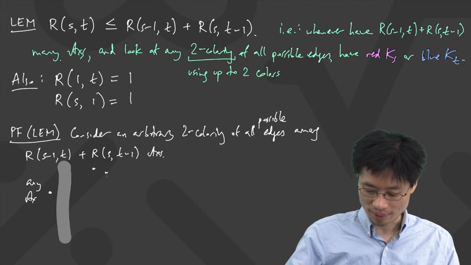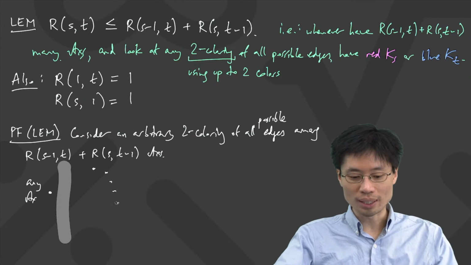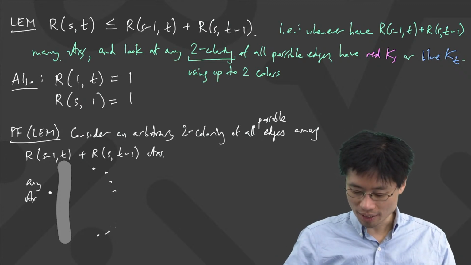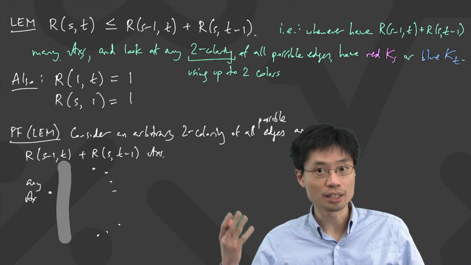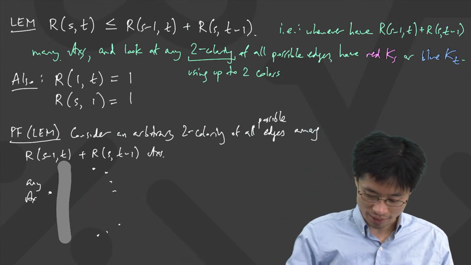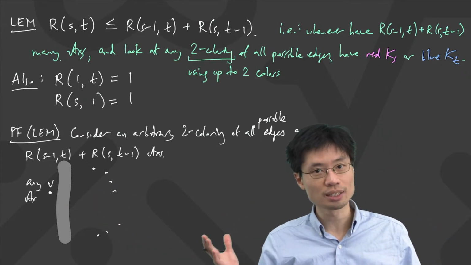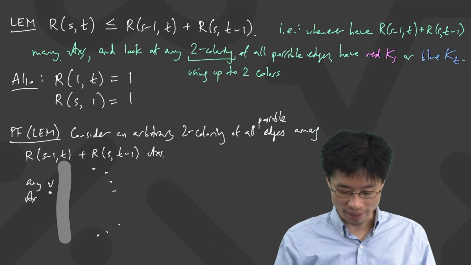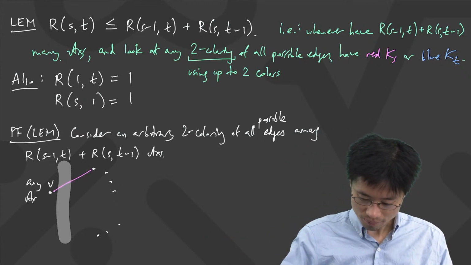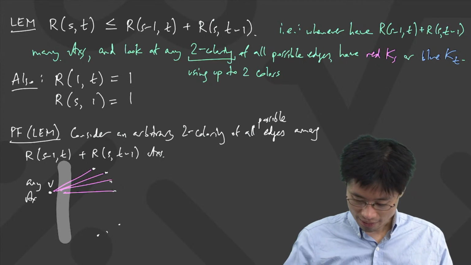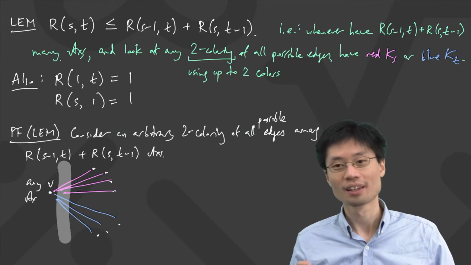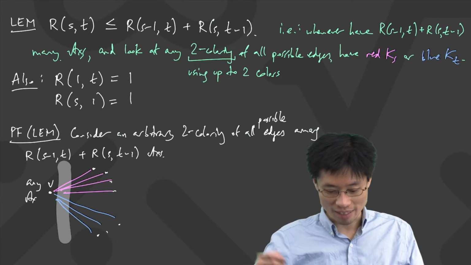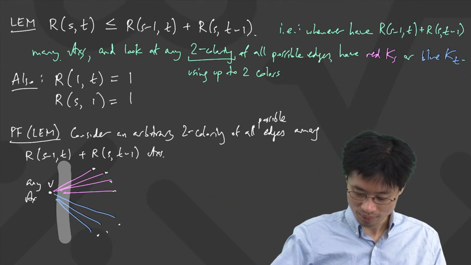Wow, there's a lot of the other ones. But what you want to say is that some of the other ones are adjacent to this vertex V. Let's give it a name. Some of the other ones are adjacent to V via a red, and some of them are adjacent to V via a blue.